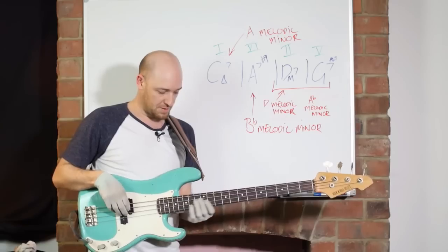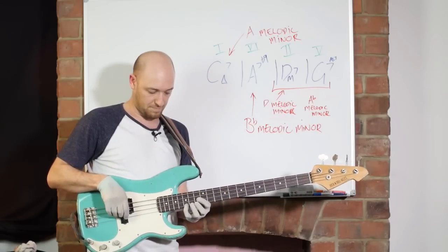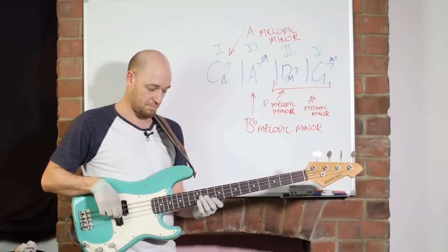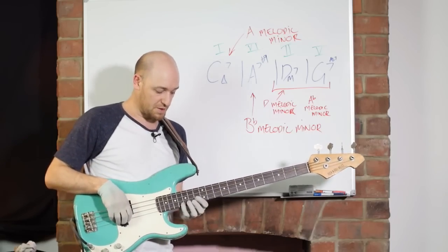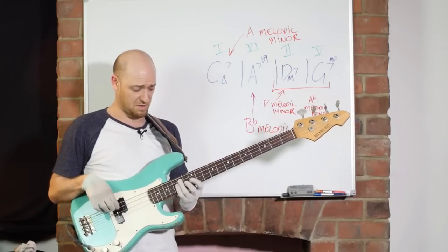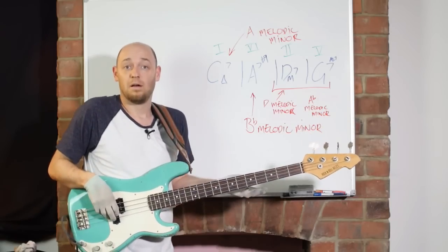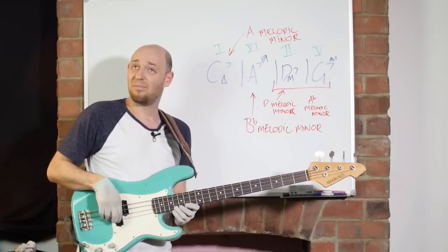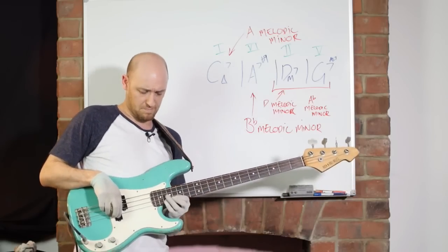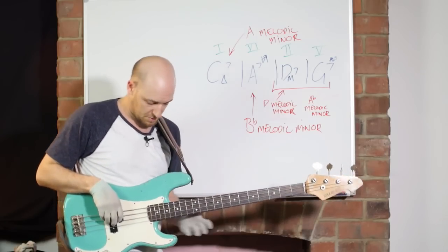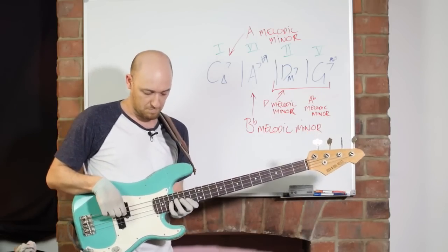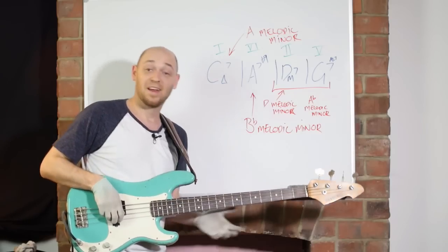A7. Here we go. G7. And again. D minor. A flat melodic minor.